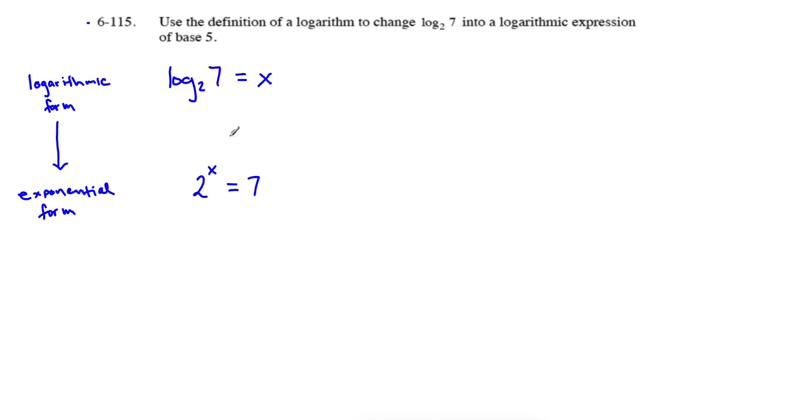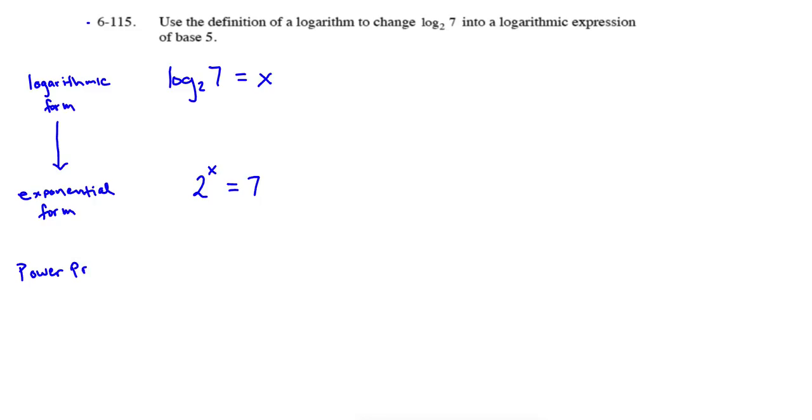So now that we've changed this from logarithmic form into exponential form, we can use our power property of logs to help change it here. So we can actually change our base here. Let's see what happens. I'm going to apply the power property of logs. Just want to make sure everybody's aware of what's going on.